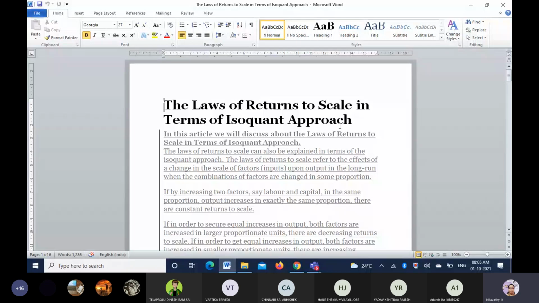All these things we have seen. So now we are going to merge these two concepts: the law of returns to scale with the help of isoquant.